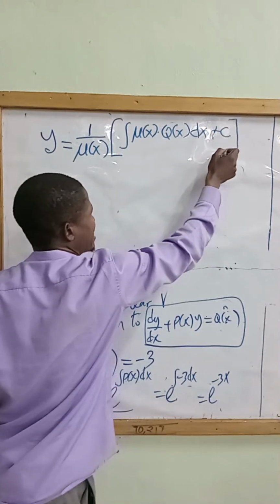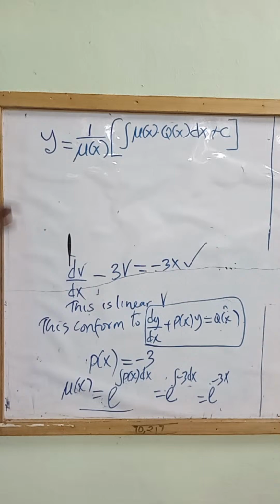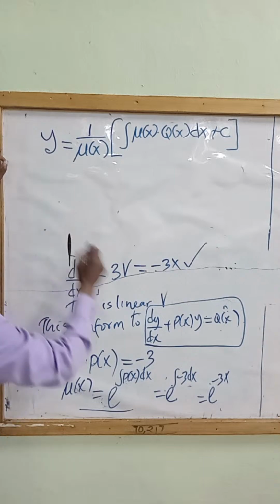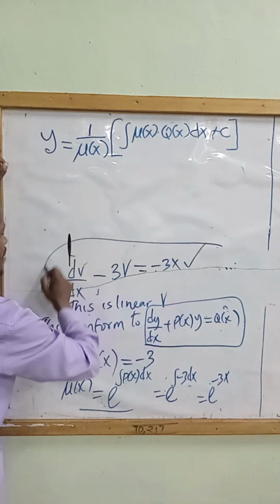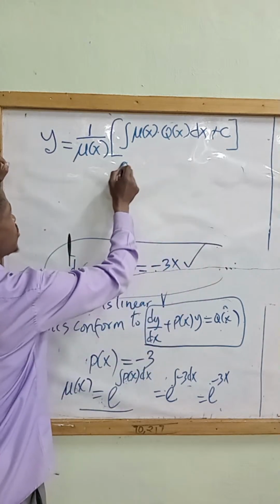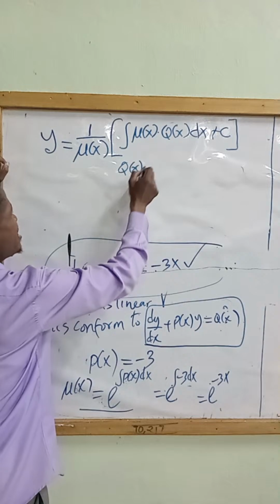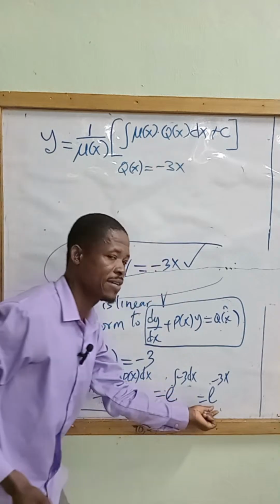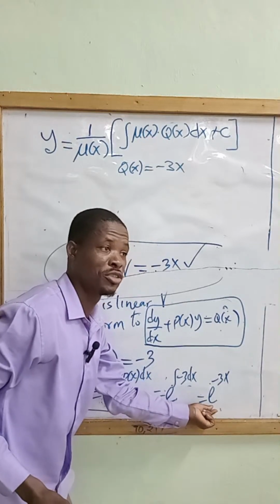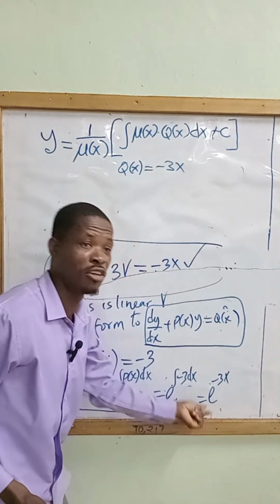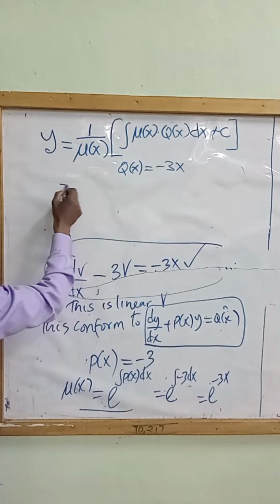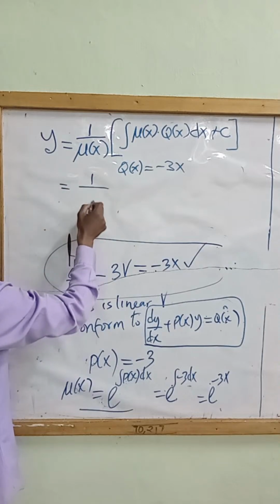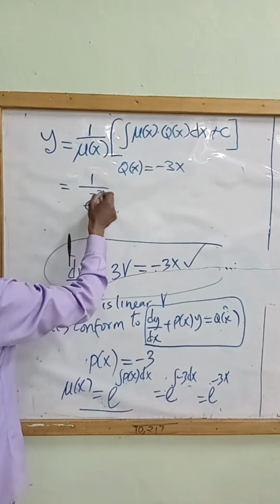Then close the brackets. That is what we have now. My q of x from here is minus 3x. The integral factor is there. Let's begin to substitute the integral factor and q of x, and that will be equal to 1 over e to power minus 3x.